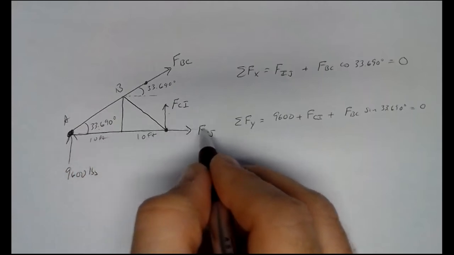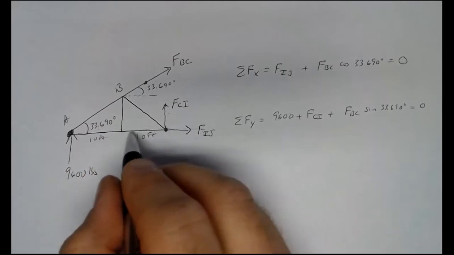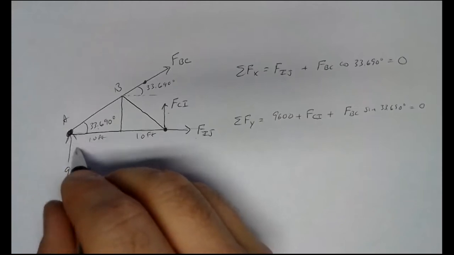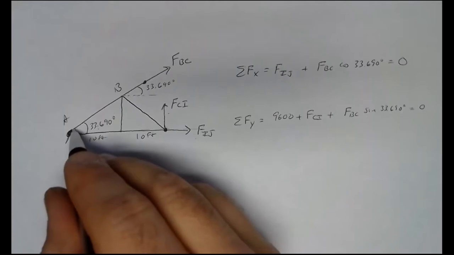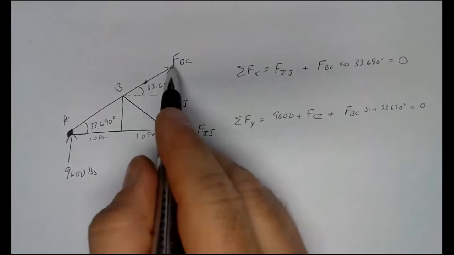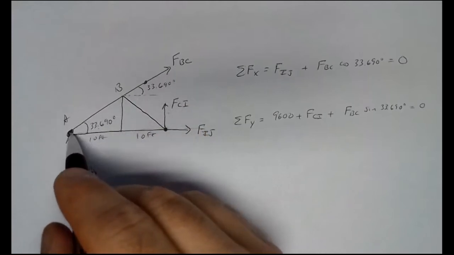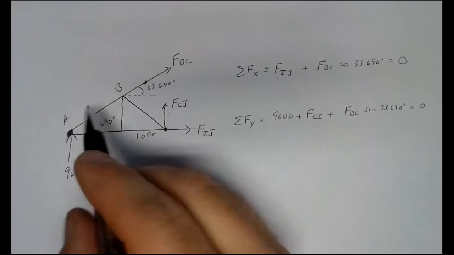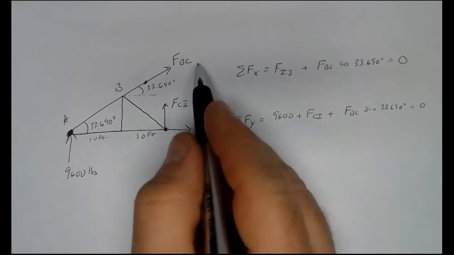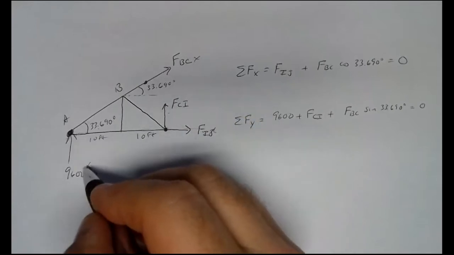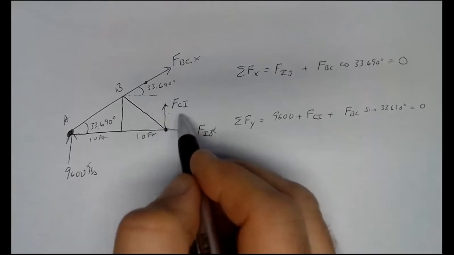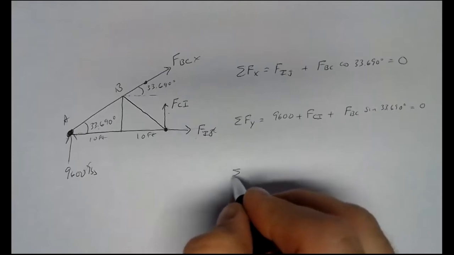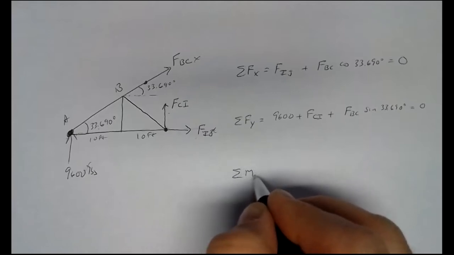We lose FIJ because FIJ has a line of action going through A. So no moment there. We lose the 9,600 pounds because there's no moment there. We also lose FBC because the line of action of member BC goes right through A. So nothing from IJ, nothing from BC, nothing from the 9,600 pounds. The only force that'll show up in the moment equation is FCI. So A looks like a really good point to pick for our pivot point.